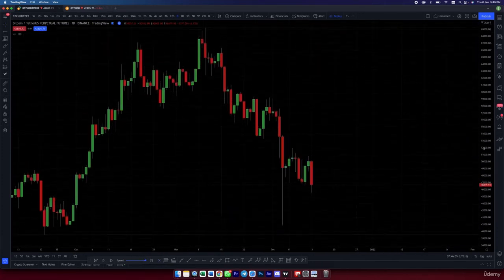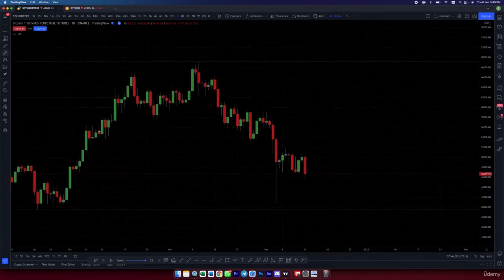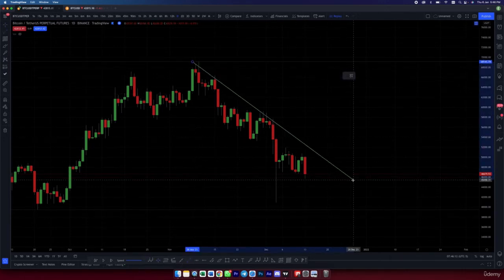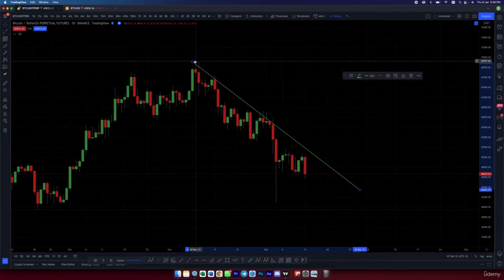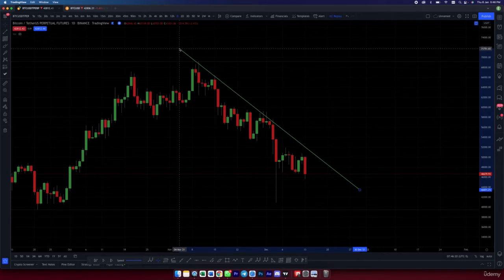A retail trader would draw a line that they call a trend line, for example. So this would be the trend line. Some people draw it from the bodies of the candles, some from the wicks, whatever it is. More authentic is definitely from the wick.